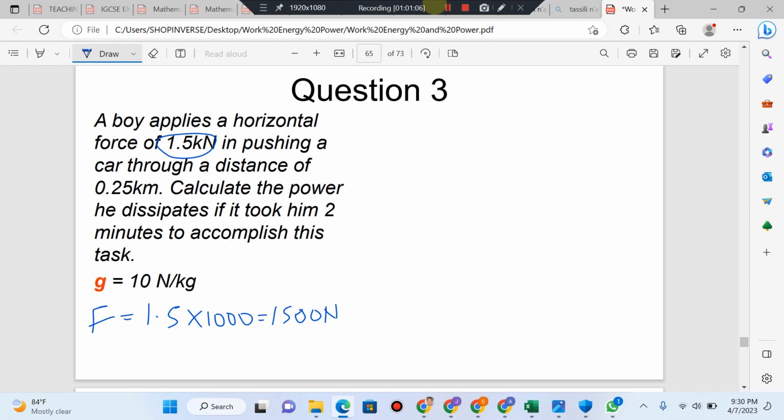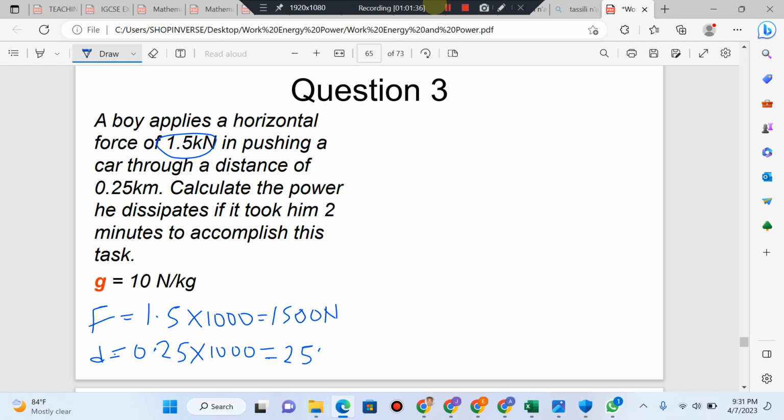What else do we have? A boy applies a force of 1.5 kilonewton in pushing a car through a distance of 0.25 kilometers. We have to convert from kilometer to meter. How do you convert? You multiply by 1000. Take note that mass is the only thing that must be expressed in kilo. Mass must be in kilogram. Every other quantity, you must express it as the normal unit.